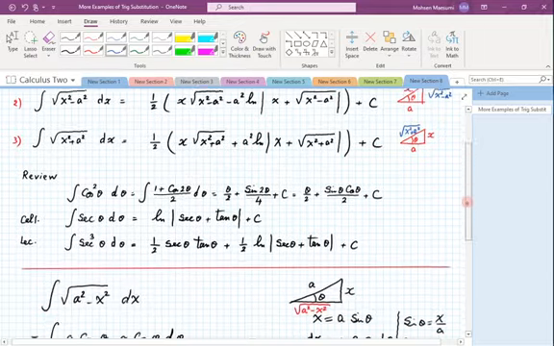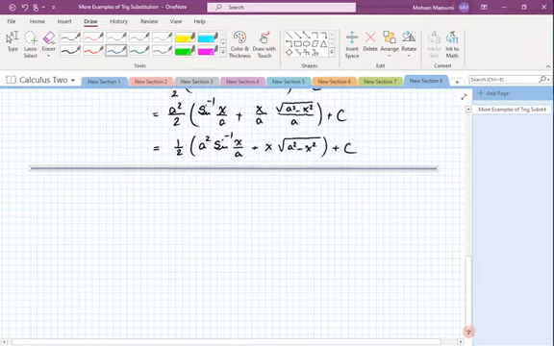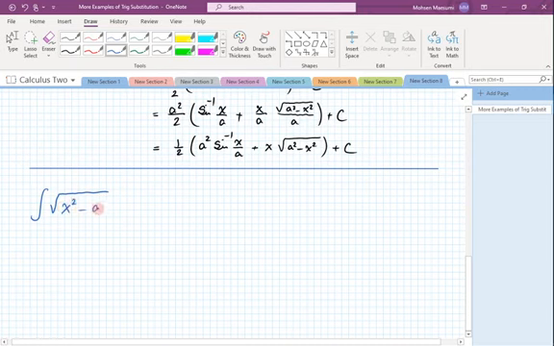So let's go ahead and do the radical. Now I have x squared minus a squared dx. So in this case we said well, of course x has to be our hypotenuse, and then you have a choice of a here or here.